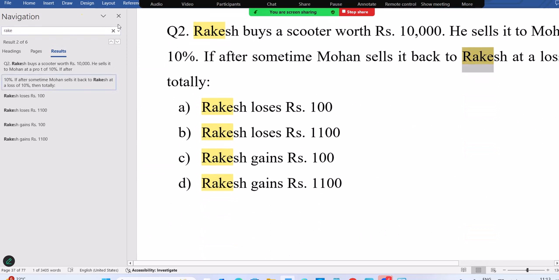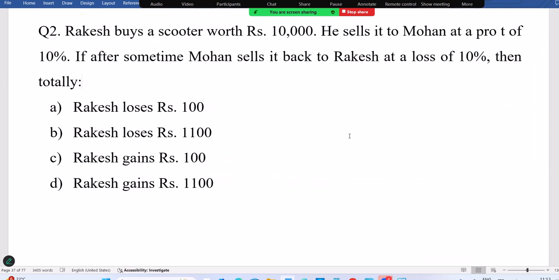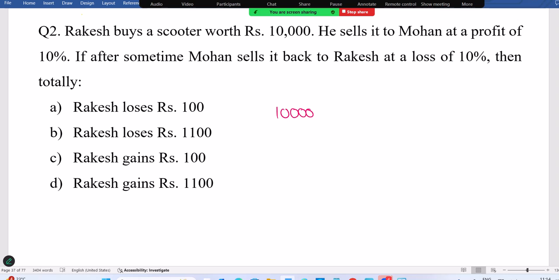Now this question is profit and loss related. Rakesh buys a scooter worth rupees 10,000 and sells it to Mohan with a profit of 10%. So giving to Mohan with 10% profit means 10% increased, it is 11,000.